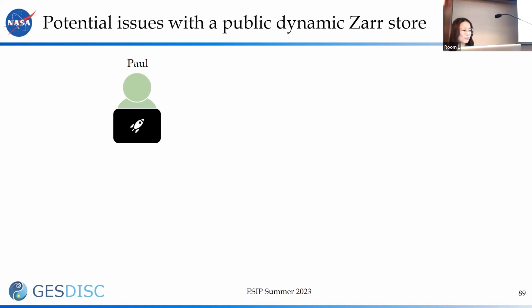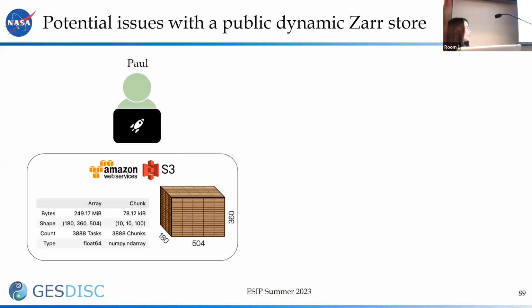So Paul, our data manager, let's say he has in the cloud on AWS S3 a Zarr store, and that Zarr store contains an array of shape, say, 180 by 360 by 504 for latitude, longitude, and time dimensions, for example. The chunking scheme is something like 10 by 10 by 100.